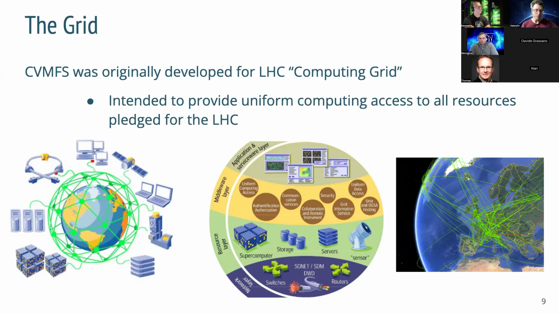You can see that this is quite a big infrastructure. And the idea that the software is just available on all of these very different sites distributed all over the world is, I think, a very powerful concept. And if that sounds familiar with EuroHPC and this federation being done at supercomputing sites in Europe, I think it's a very similar and very nice idea of how to get uniform computing access to very varied resources.